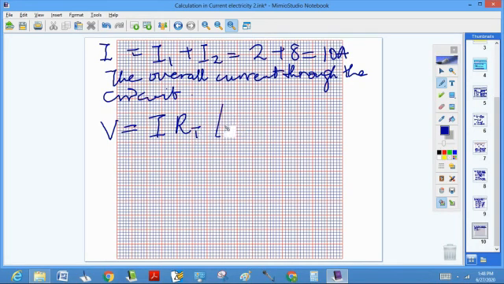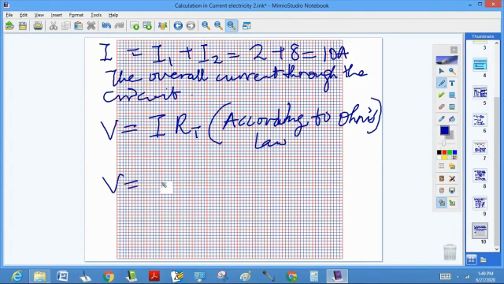So V is equal to 10 times 9. V is equal to 90 volts. Thanks.